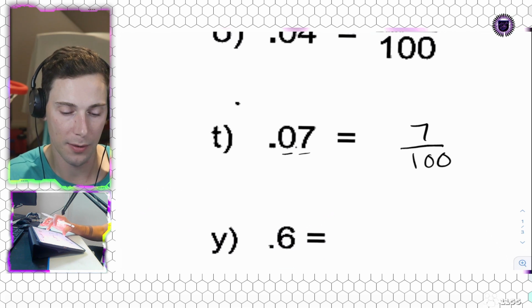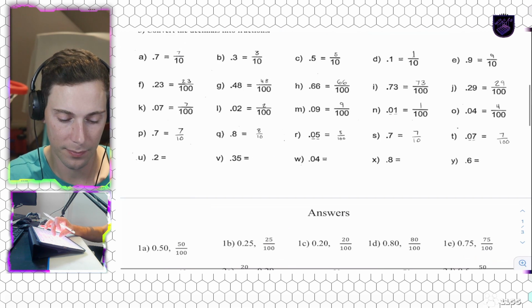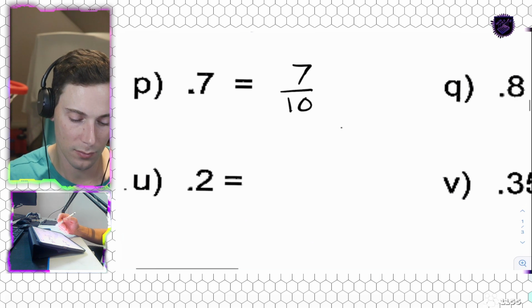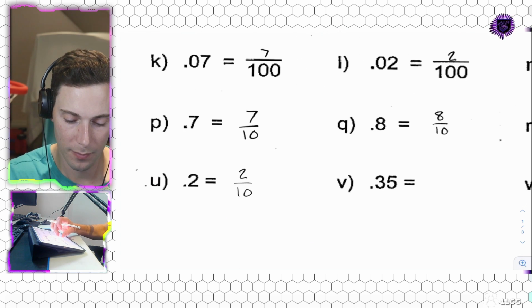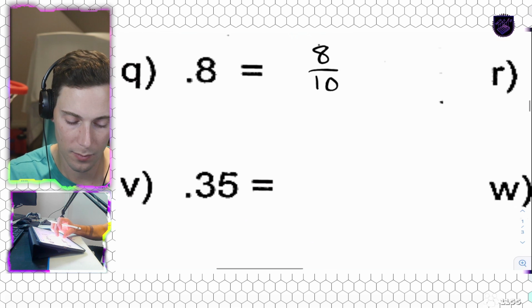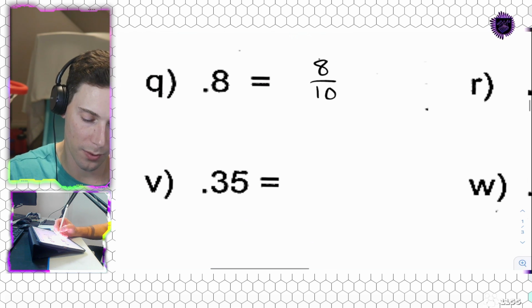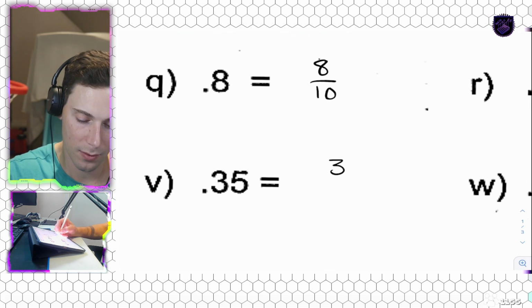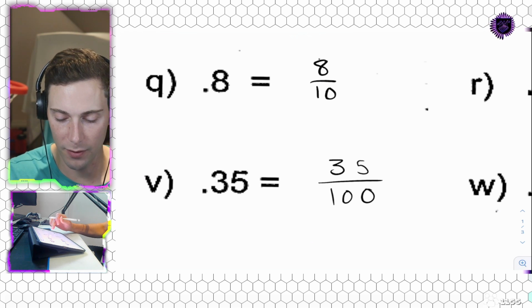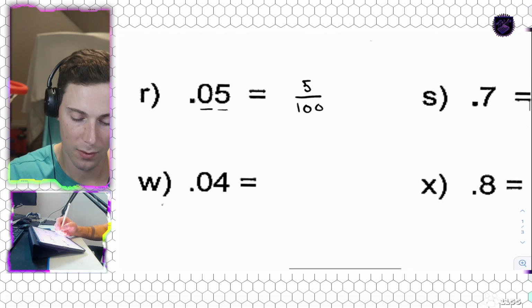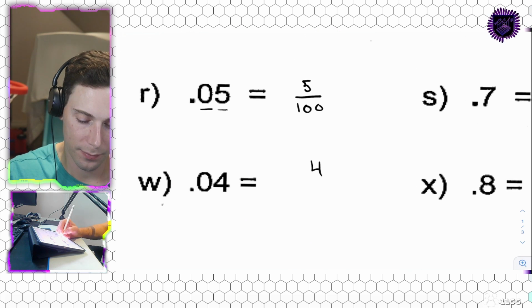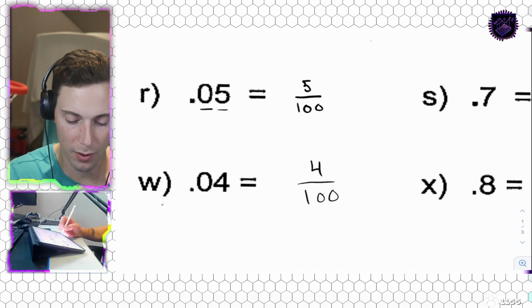So we need to make sure we get that correct. 2 tenths. 35 hundredths. 35 over 100. 4 over 100.